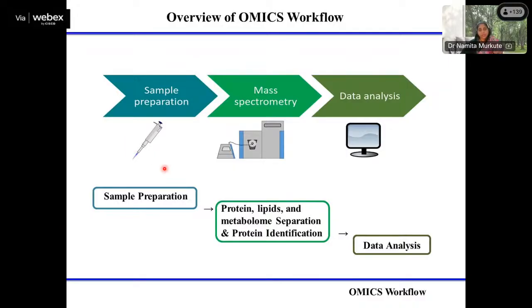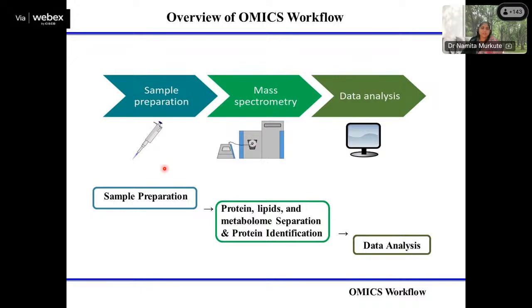So standardization of this method for the samples is very important in this step, because the metabolome is very versatile, it contains very versatile compounds with polar molecules, non-polar molecules, and steroids.